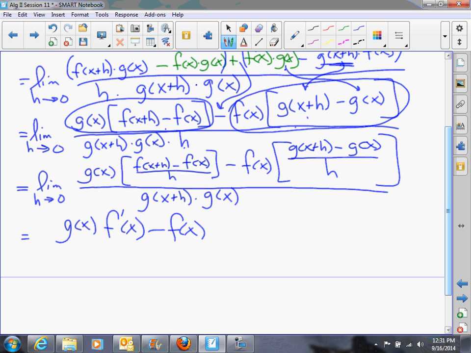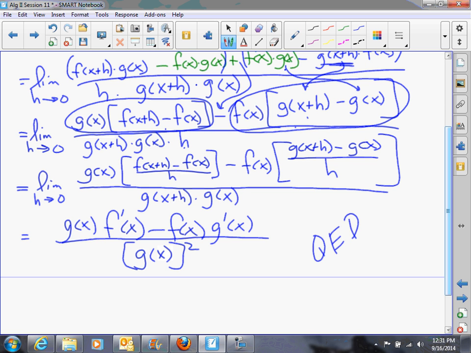And the limit as h approaches 0 of g of x plus h minus g of x over h is g prime of x. Now, in the denominator, the limit as h approaches 0 of g of x plus h is g of x. And that's being multiplied by another g of x, so we have g of x squared. And we have the result we expected. We can say QED, or quite easily done.